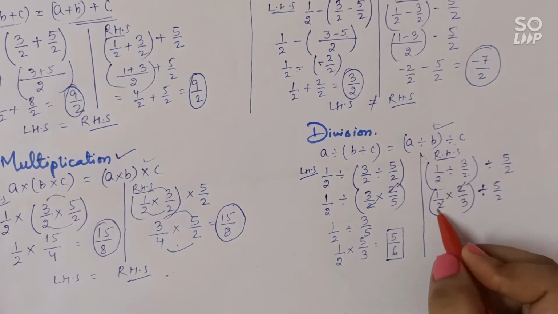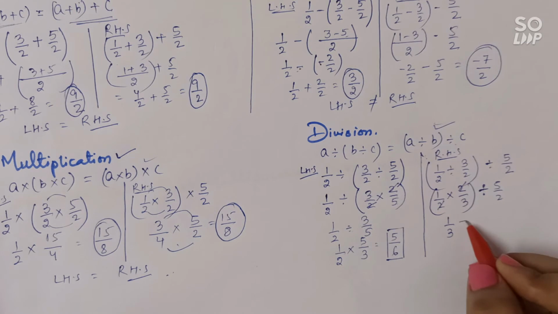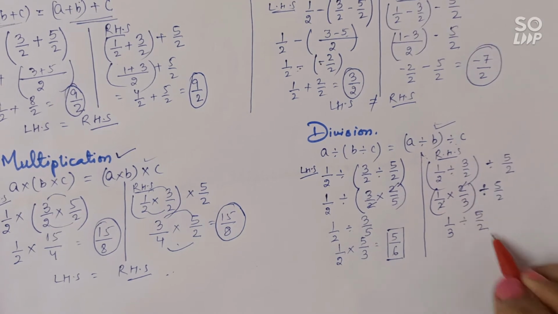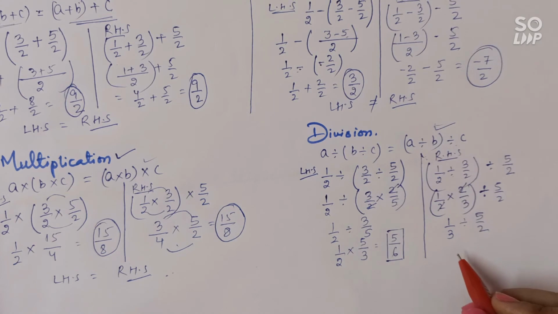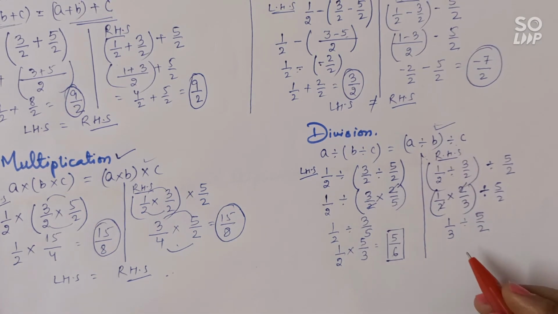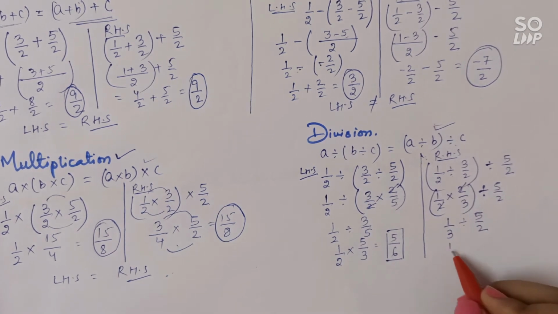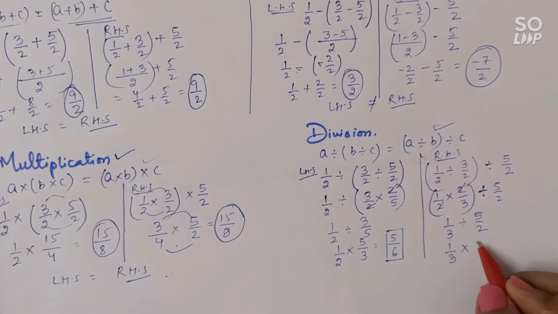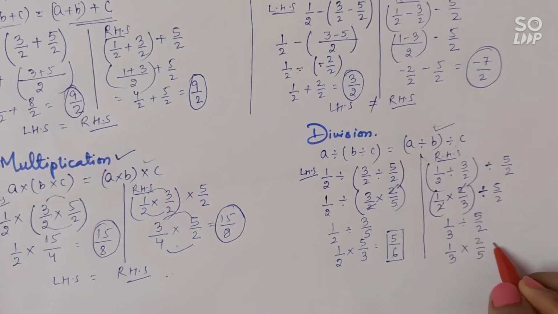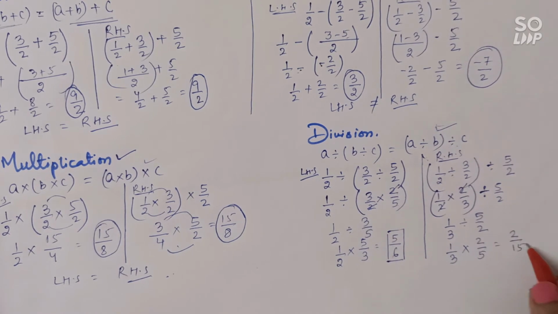So 2 will get cancelled and we are left with 1 by 3 divided by 5 by 2. So let's check it out for this as well. It will become 1 by 3 multiplied by 2 by 5. So it will be 2 by 15.